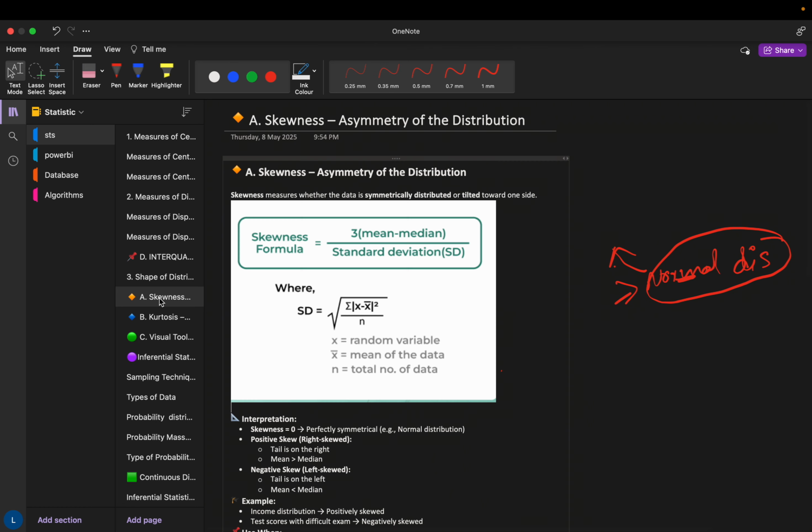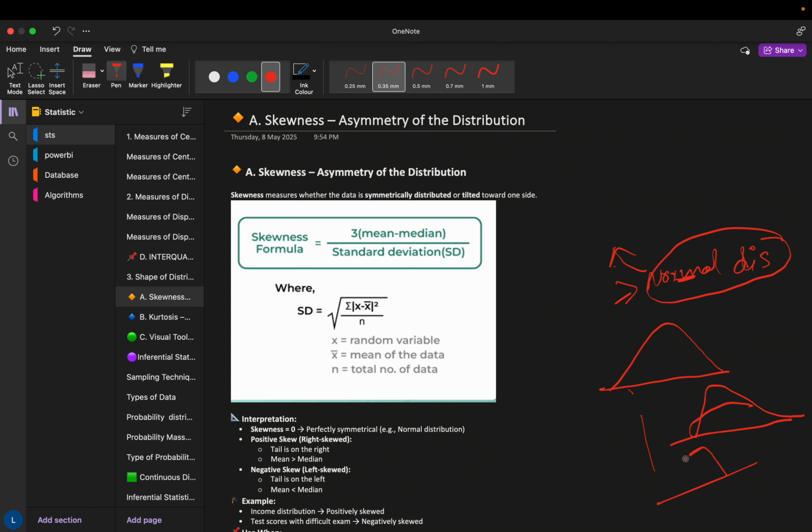But when our distribution is not symmetric, meaning the shape of the distribution is not symmetric, sometimes the heavier tail can be on the right side or on the left side.